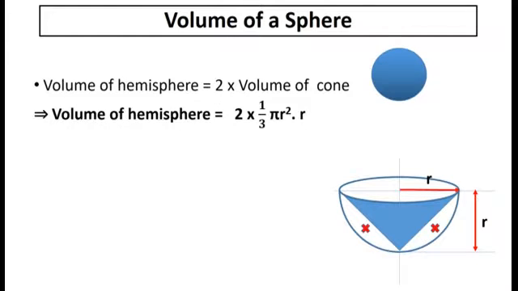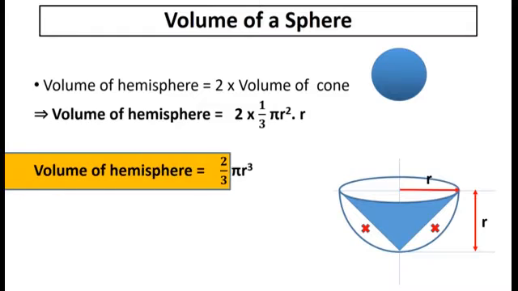So volume of hemisphere is given by 2 into 1 by 3 pi r square into r, where r is the height of the cone and the radius of the cone. So volume of hemisphere is given by 2 by 3 pi r cube.